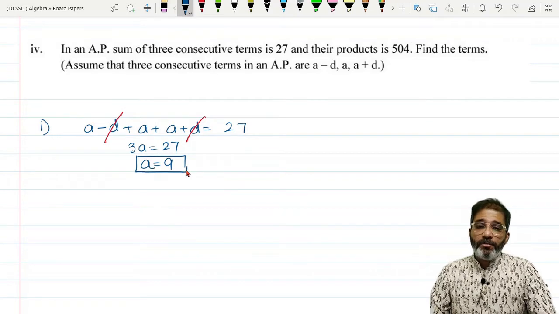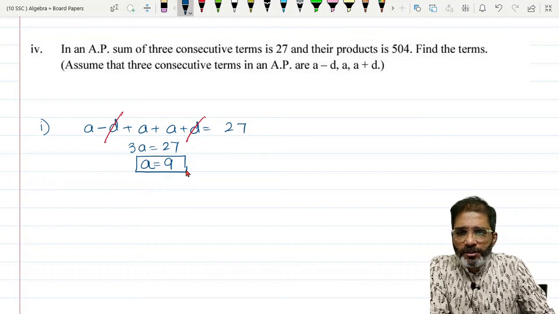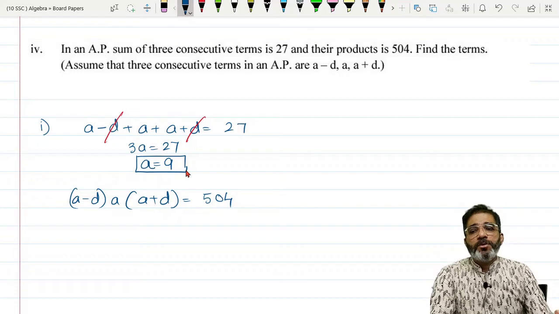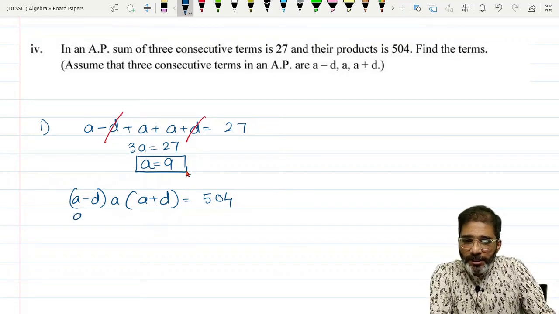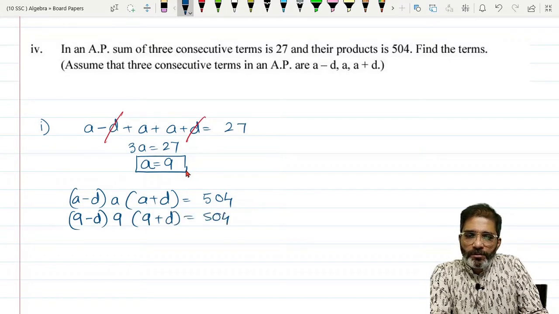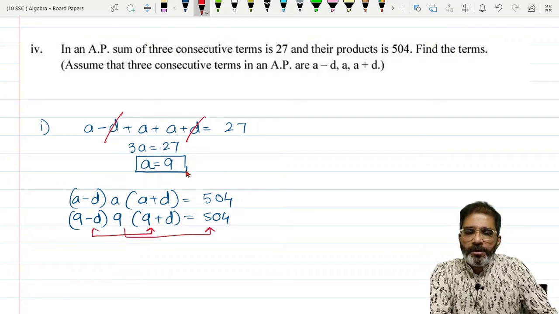Okay, so we got the value of a. Now they have given their product is 504. So here I'm going to substitute the value of a, that is 9 minus d into 9 plus d equals 504. Here I will first multiply these two, which will form an identity, and this 9 I'm going to divide here.